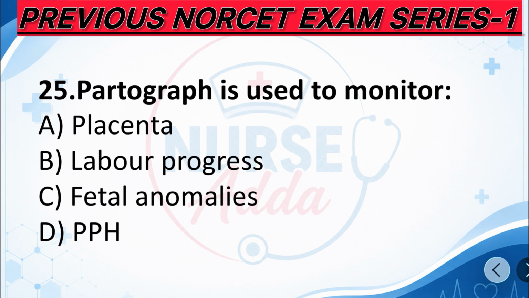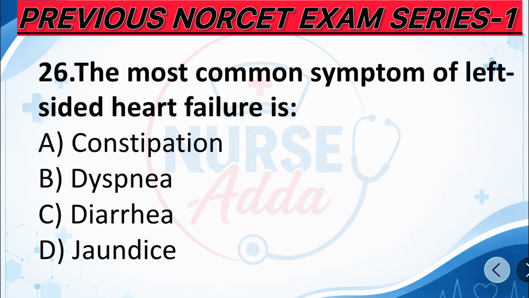Next question. Partograph is used to monitor placenta, labor progress, fetal anomalies, and PPH. The right answer is option B, labor progress. Next question. The most common symptom of left-sided heart failure is constipation, dyspnea, diarrhea, jaundice.